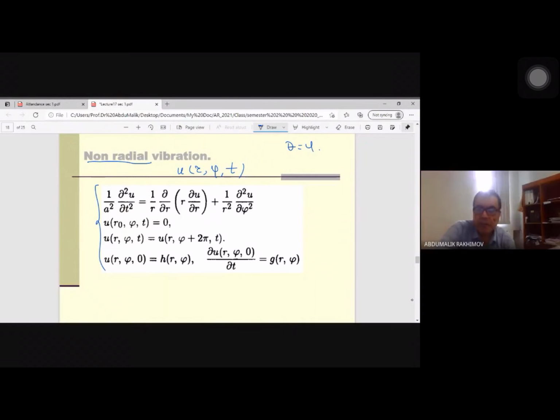Capital phi is how we write it for separation of variables; theta is sometimes the same.